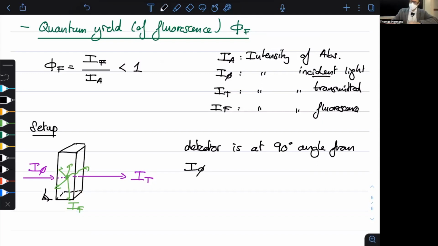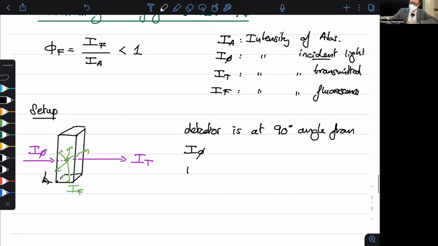Okay, so if we look at how much is absorbed, it's very simple. You have the incident light minus the fluorescence. That's what's absorbed. And the transmitted light, we saw this in the previous class, this is Lambert-Beer's law.